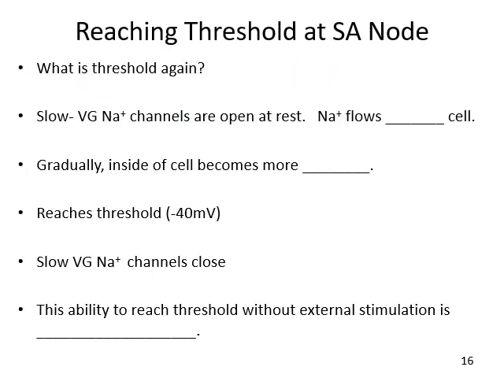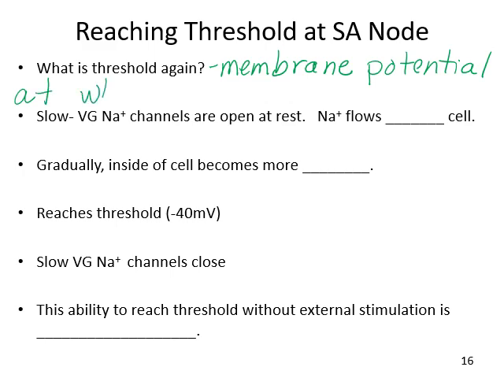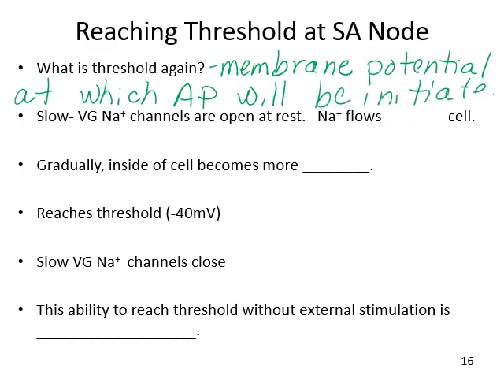So how does the SA node reach threshold? If you remember, threshold is the membrane potential at which an action potential will be initiated. So if we reach threshold, the cell is having an action potential and it can't be stopped. So when this cell is resting, those slow voltage-gated sodium channels are open. Sodium is flowing into the cell. And again, we say they're slow because they're small and skinny and sodium moves through them pretty slowly.